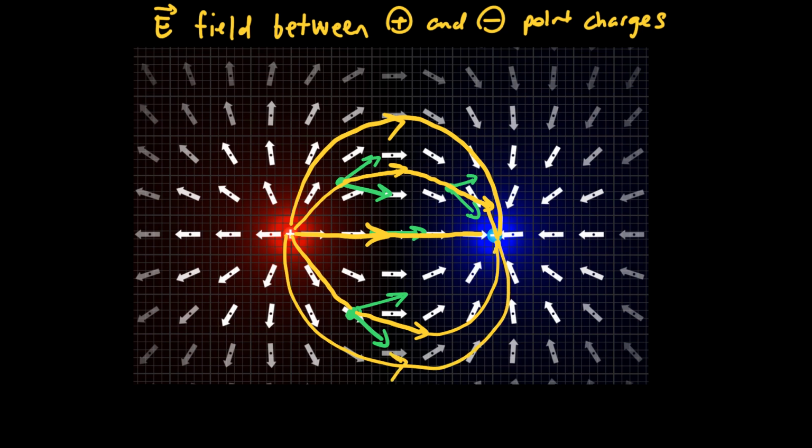And we put those little arrows on those electric field lines to indicate their direction. Some of them go off the screen and then wrap around. Some of these will just go like this, and then they'll eventually wrap around and come back to the negative charge like that.